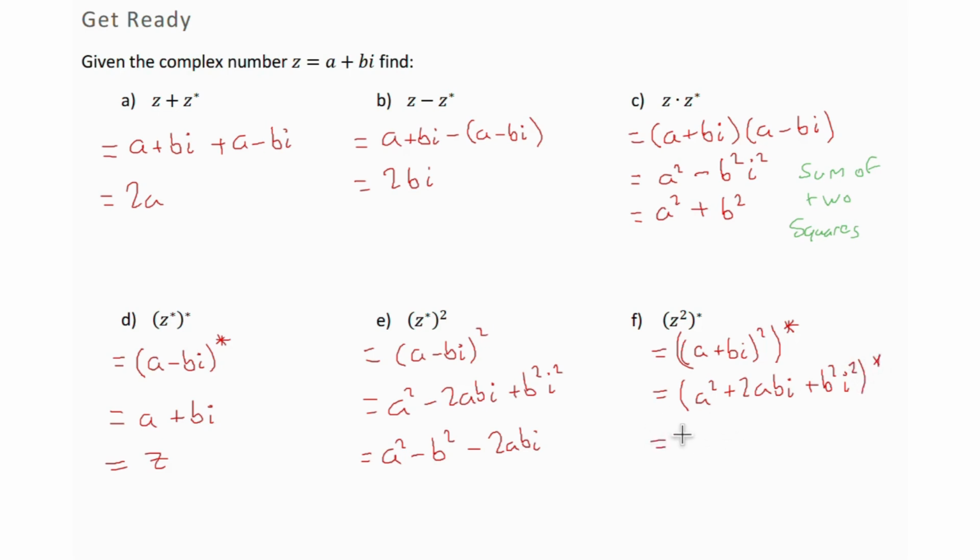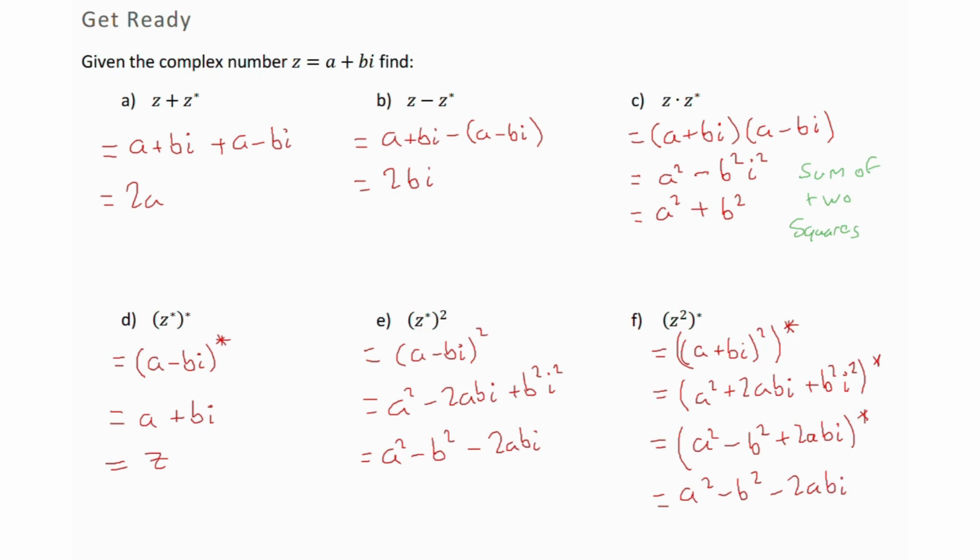I'm going to take the conjugate of that in a minute. But i squared is negative 1, so this becomes a squared minus b squared plus 2abi. Again, rewriting it so it's the real part and then the imaginary part. And then taking the conjugate of that means the imaginary part becomes negative. So we get that result there.